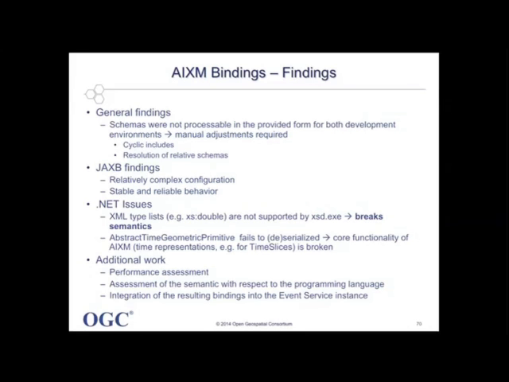The processors had issues with the cyclic includes, so one had to take care that these were worked around in some way. And the resolution of relative schemas, like in subfolders, was also an issue that the processors were not able to resolve.